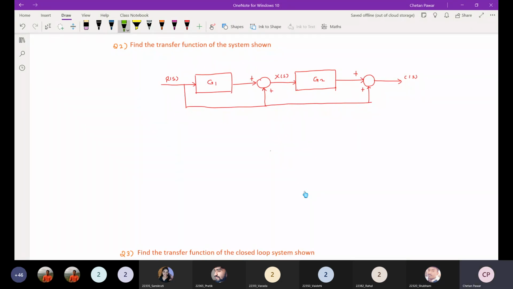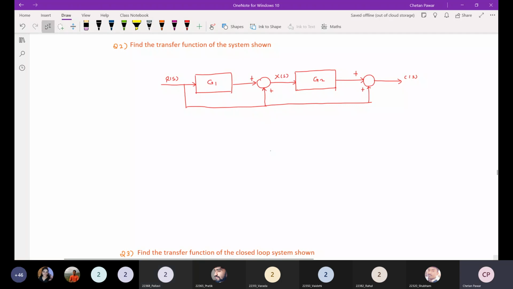Sir, screen is not visible to me. Okay. Other fellows, does everyone else see the screen properly? Yes sir, it is visible. Sir, it is slow. Okay.